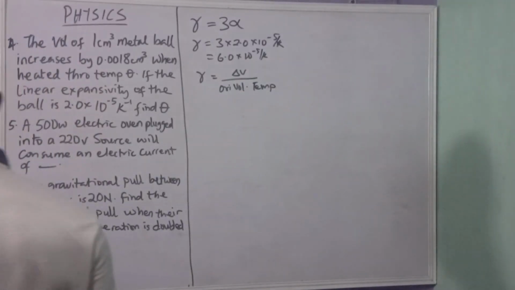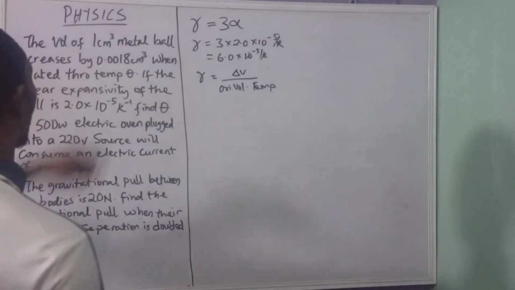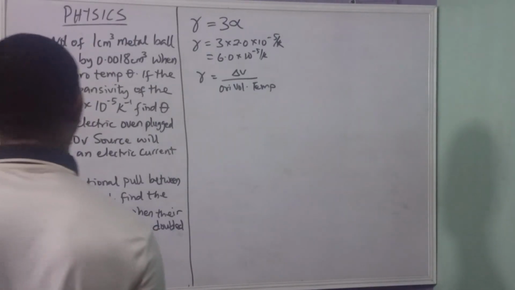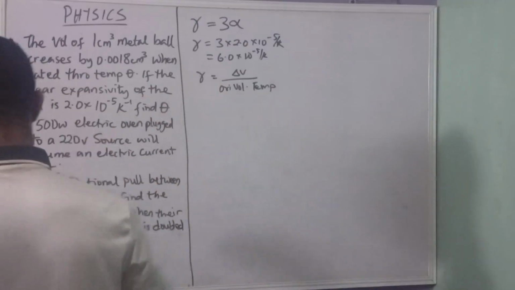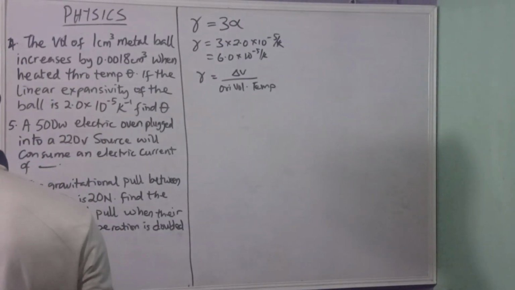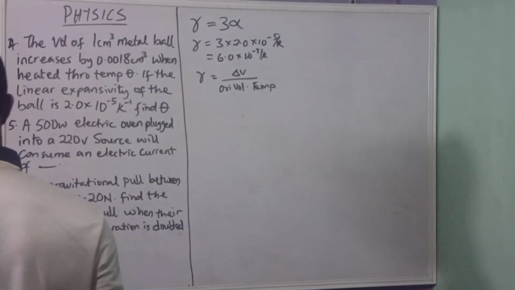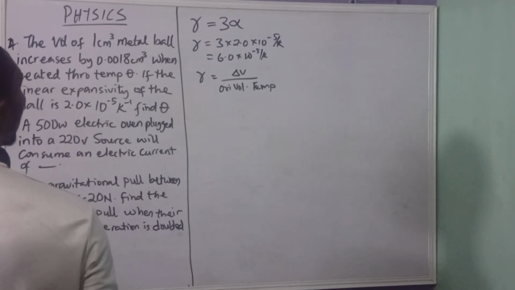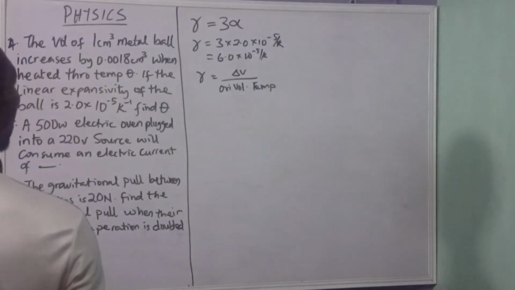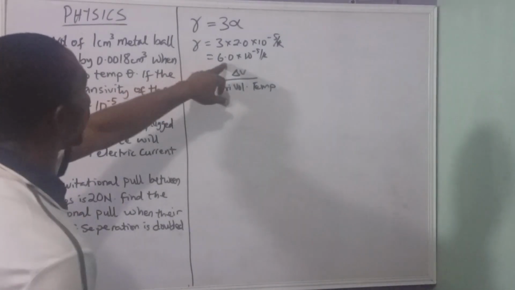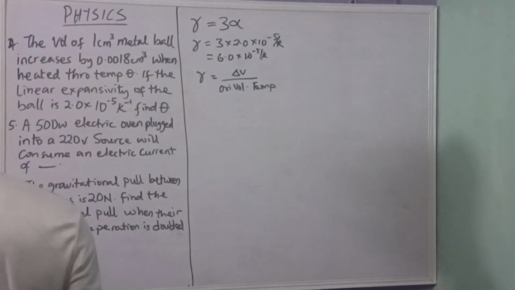So now, having a change in volume as 0.0018, then our original volume is 1, and our cubic expansivity, which we found, is this.